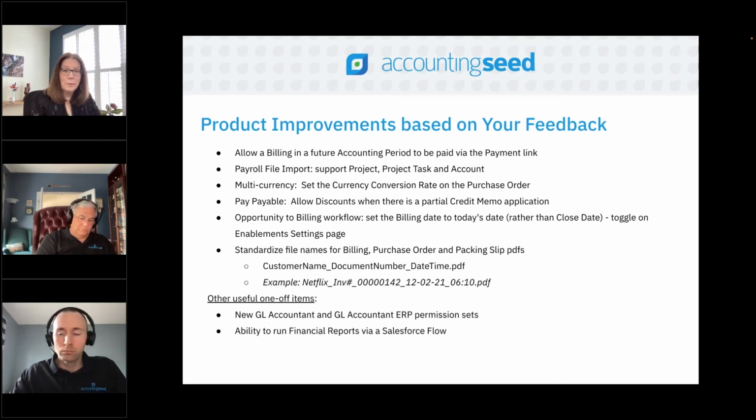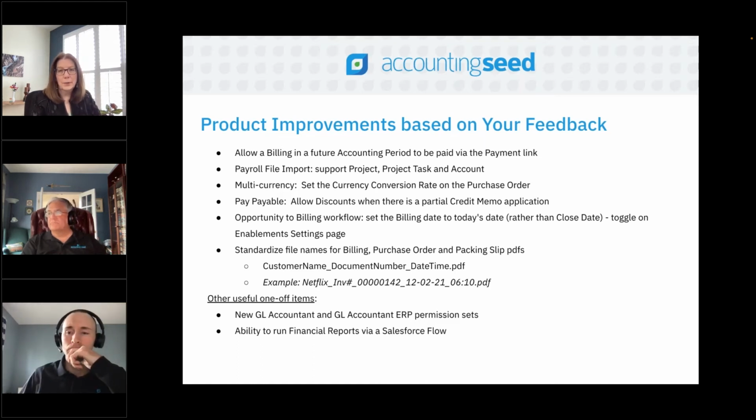It's important to set that rate and use that same rate so that everything balances out in the end. However, we heard from some of you that sometimes even before you receive any inventory, you need to prepay on that purchase order. And so we needed to give you a way to get that currency conversion rate set on the purchase order without having received first.